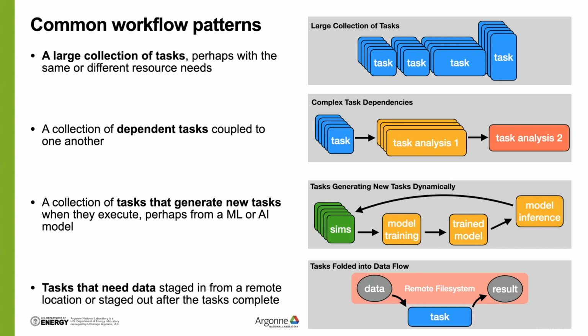This is a common pattern we see in workflows that are using AI or machine learning models. You might use some simulations to train a model, and then use that trained model and model inference to create new simulations that you will run.